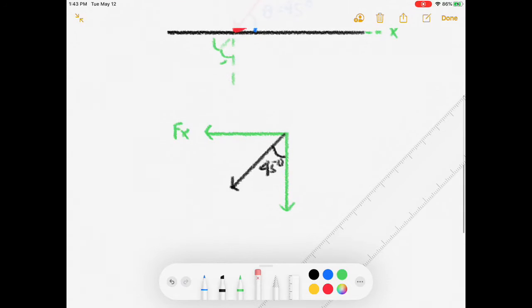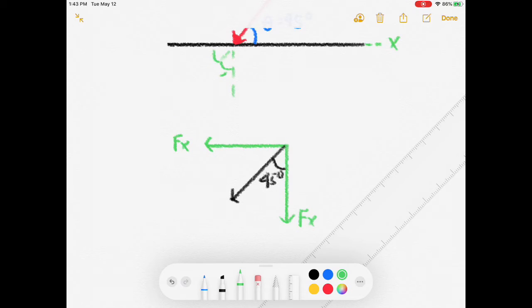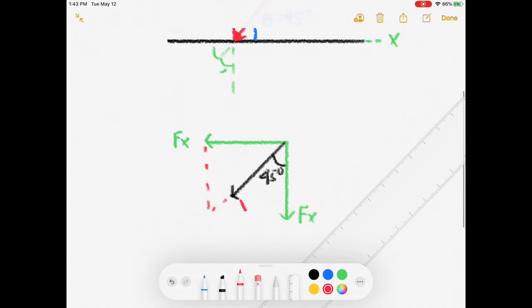In order for us to calculate Fx, again, Fx is aligned with the x-axis. So we will make the triangle. We have 100 here; let's call this y, and this one is x. Since we know this is 45 degrees, what formula will we use?